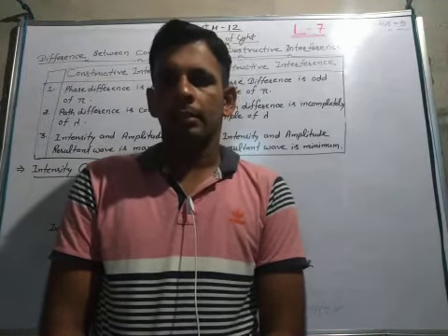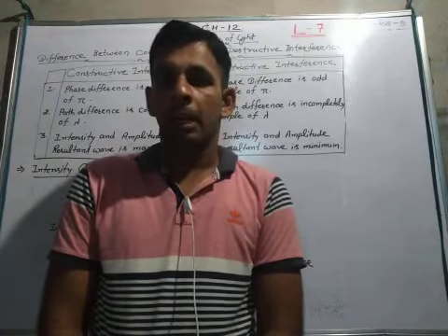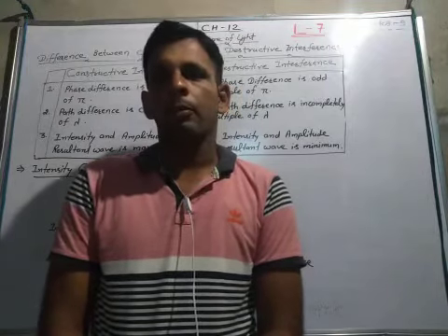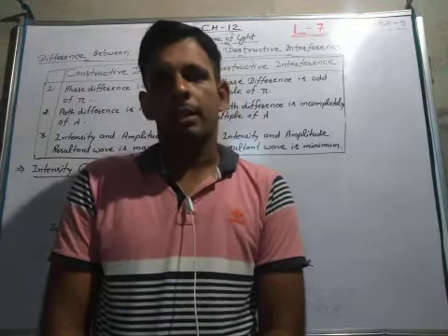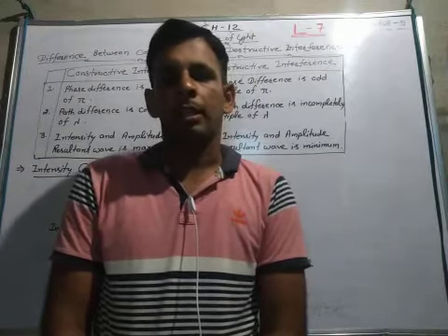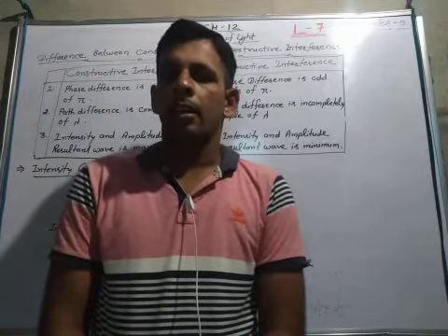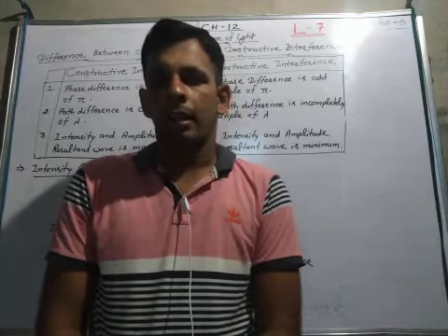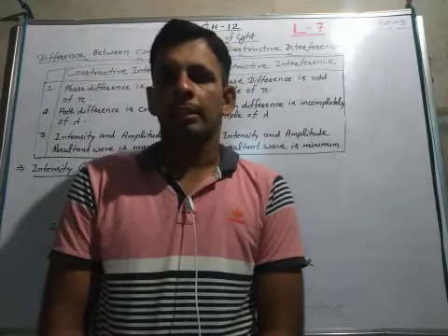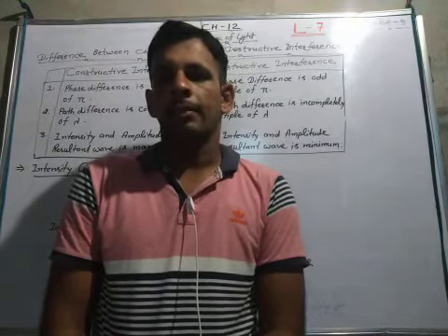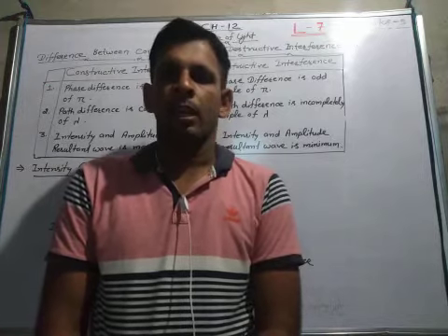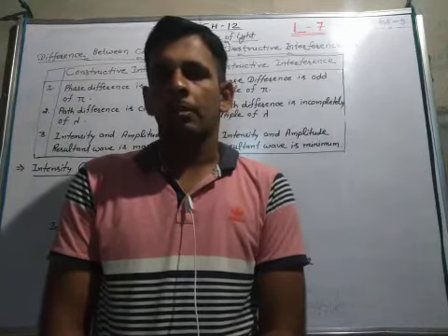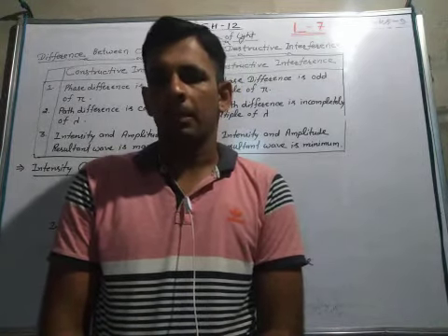And second, the path difference in constructive interference is a complete multiple of wavelength, but in destructive interference it is not a complete multiple of wavelength. And the third difference is that intensity and amplitude in constructive interference will be maximum, but in destructive interference will be minimum.